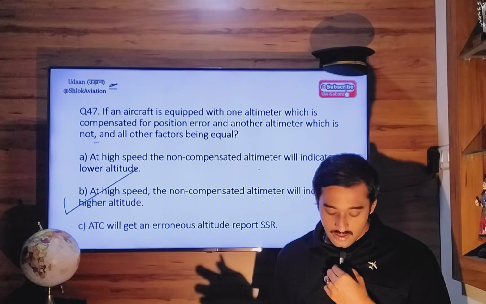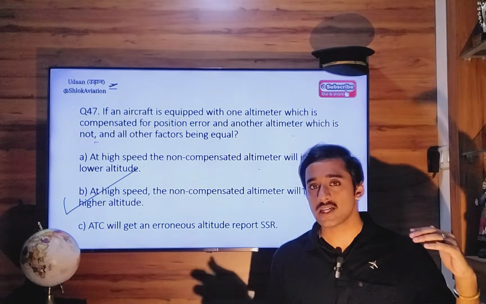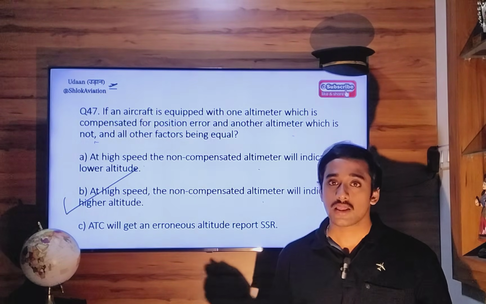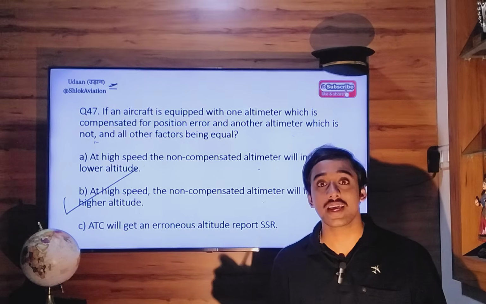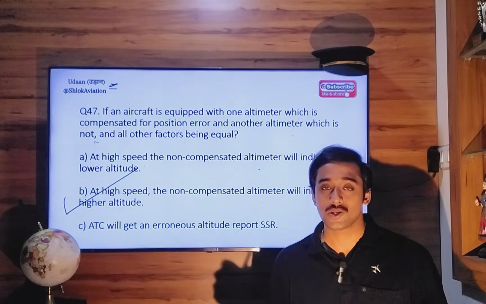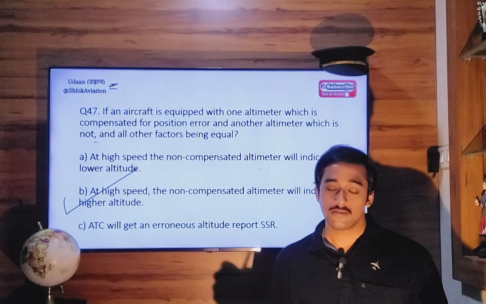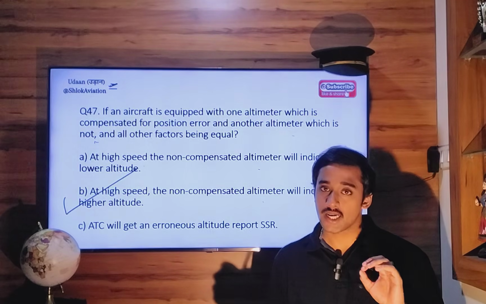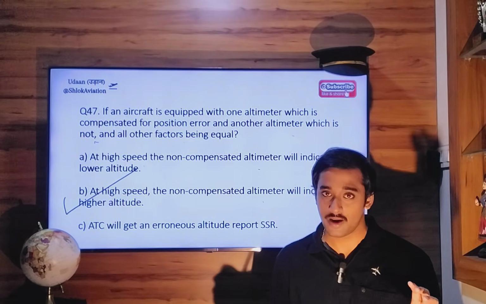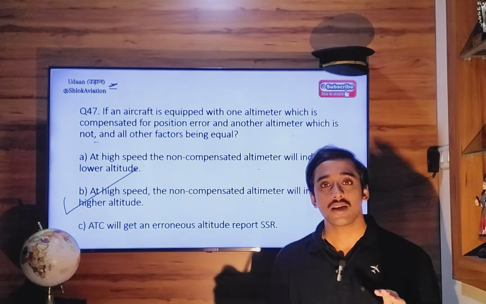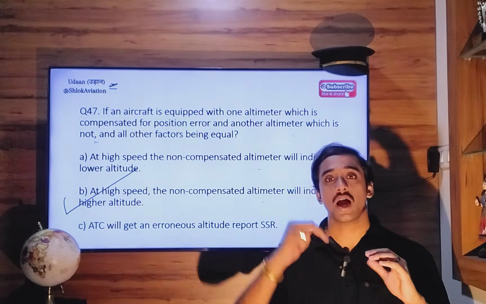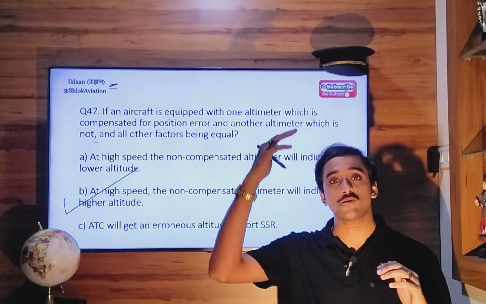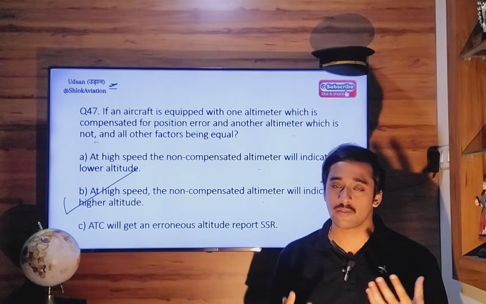Okay, and at high speed, when your aircraft flies at very fast speeds, the pressure around the static port will decrease because of this high velocity, and this decrease in static pressure will be registered by your altimeter. And like I said, lower static pressures mean higher altitudes, because at high altitudes we get lower atmospheric pressures.